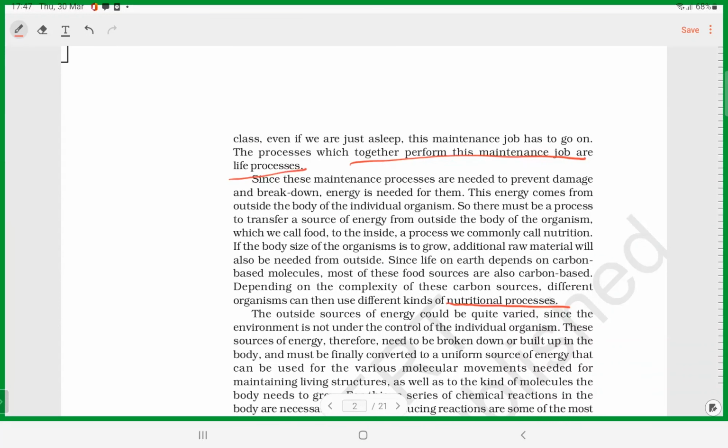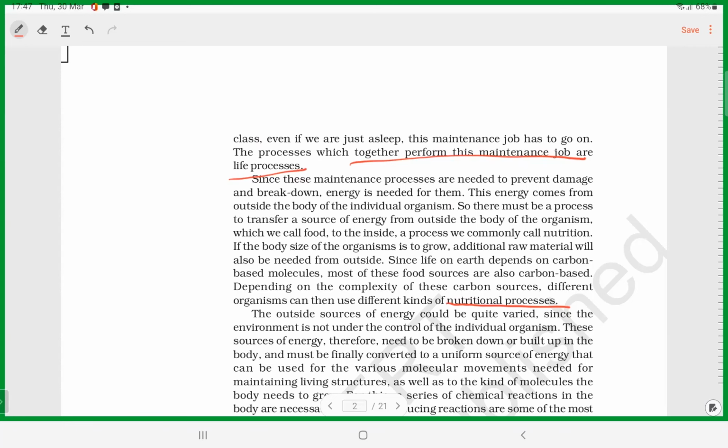Human nutrition is heterotrophic nutrition. We cannot produce, but we supply. Supply of food to the living system is nutrition. In plants, it is production of food for its life processes. Supply of food for the life processes is in heterotrophic organisms. Production of food for life processes is autotrophic nutrition.